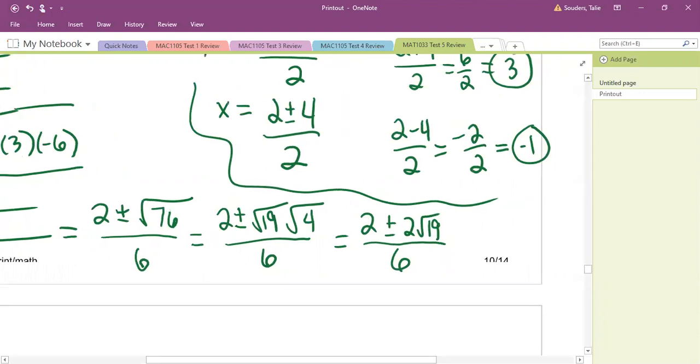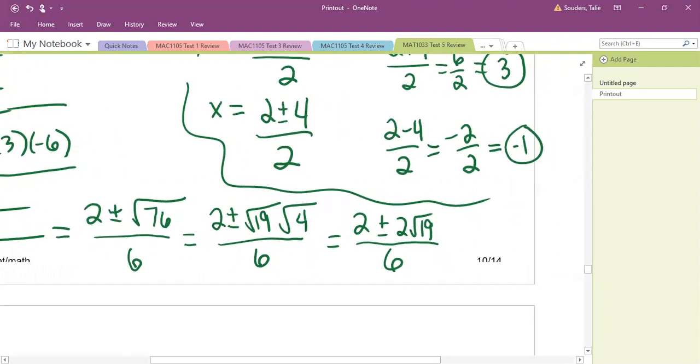Yeah, 2. So you can just divide each term by 2. Then it becomes 1 plus or minus the square root of 19 over 3. You don't need to write 1 times the square root of 19.